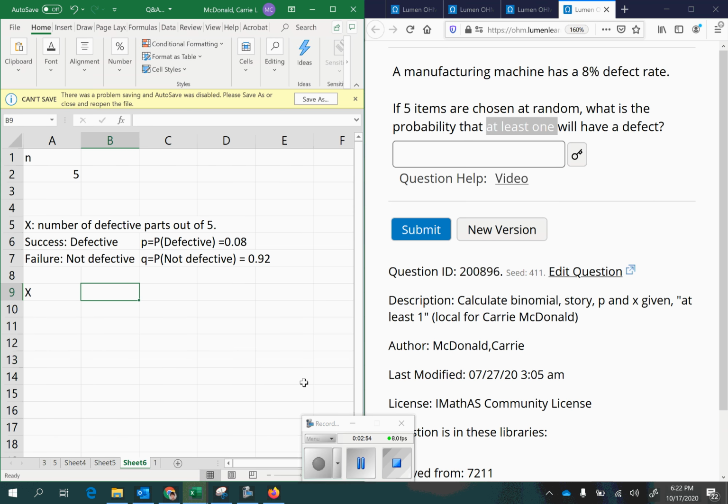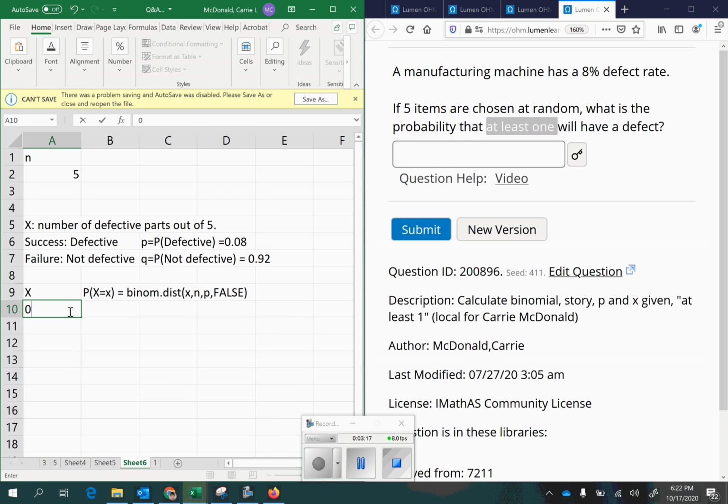Or in Excel, that's the probability that x is equal to x is found using binom.dist, where we put in the number of successes, the number of trials, the probability of success, and then we say false for cumulative. Now that's when we want the probability of an exact number of successes.